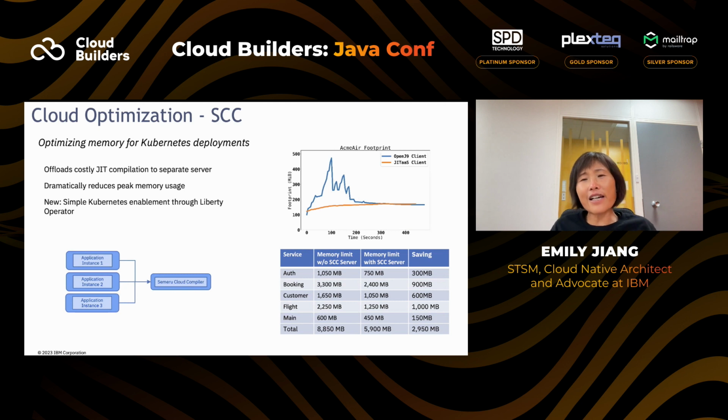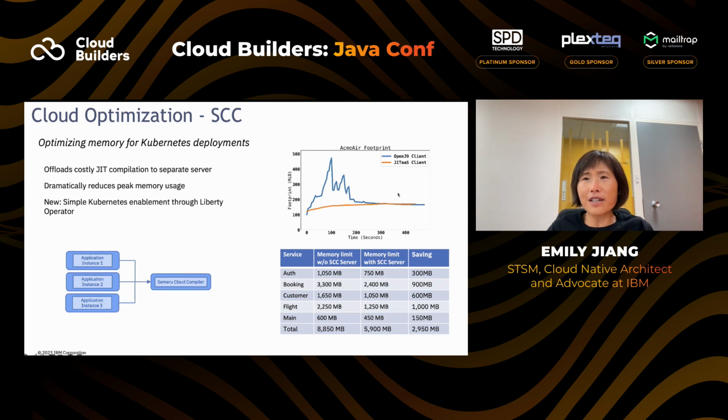So with that, your application doesn't use its own CPU and memory. You directly outsource this compilation to an extra service. With that, you can save a lot of memory, and there are no longer spikes.